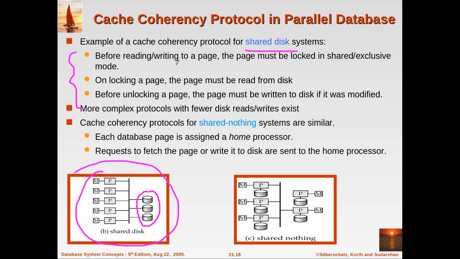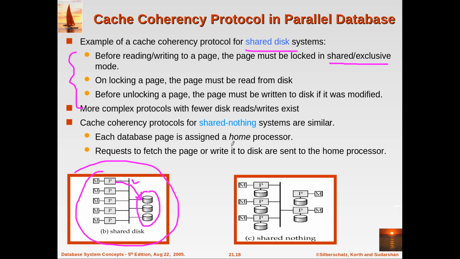Before reading or writing, any processor, before reading or writing into the disk, the page must be locked. If a page is being utilized by a processor, that page must be locked for that processor. And the lock must be in either shared or exclusive mode.